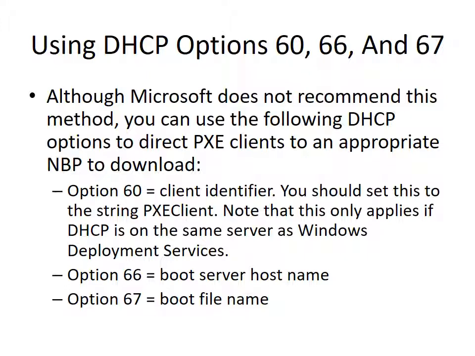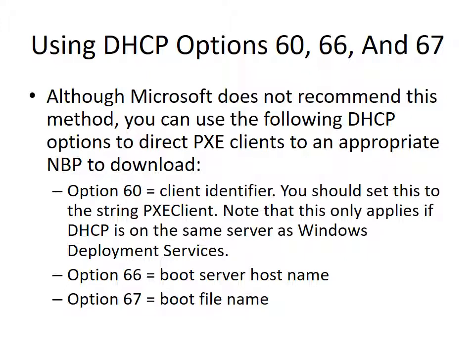Option 66 is the boot server host name. So if you don't want to reconfigure your router to forward DHCP traffic, you just put in the host name of the boot server. So this will be the WDS server. And then option 67 is the boot file name, again being the network boot program, the NBP file.